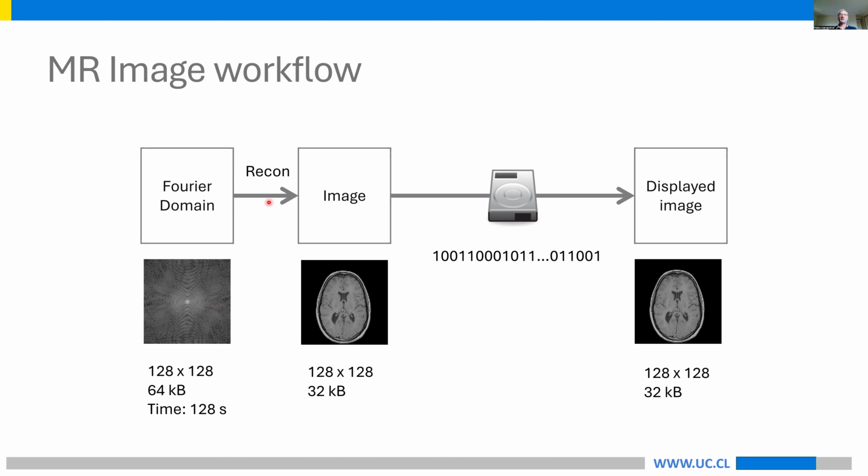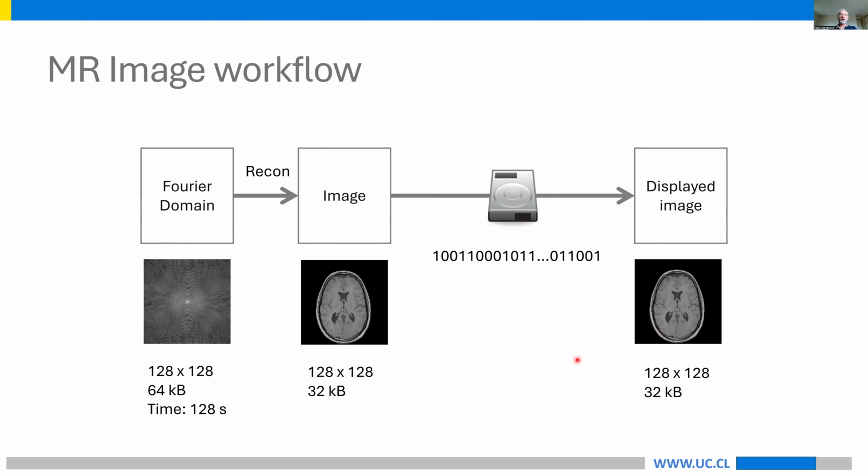Then I'm going to reconstruct this, so basically take the Fourier transform, and typically we stay with only the magnitude of the image, which will be a 128 by 128, 32 kilobyte image. Then I store this on my computer, probably in a format that compresses the image. So you transform this into bits, and when you want to look at the image, you retrieve it from the disk and display it.